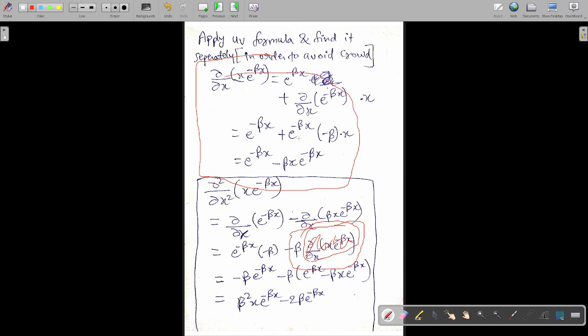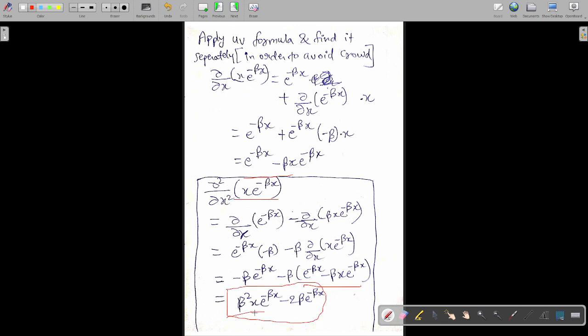So I will put this value over here. After I put that value over here, clearly this term will come over here. So then after that del 2 by del x square of this thing has come out to be equal to this thing. So this is clearly visible.